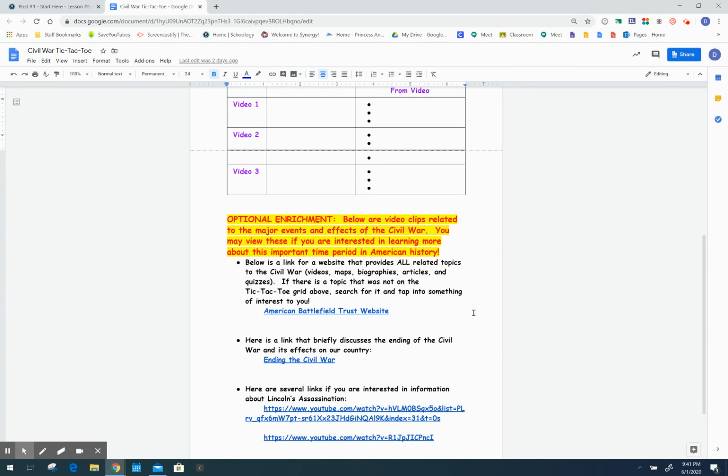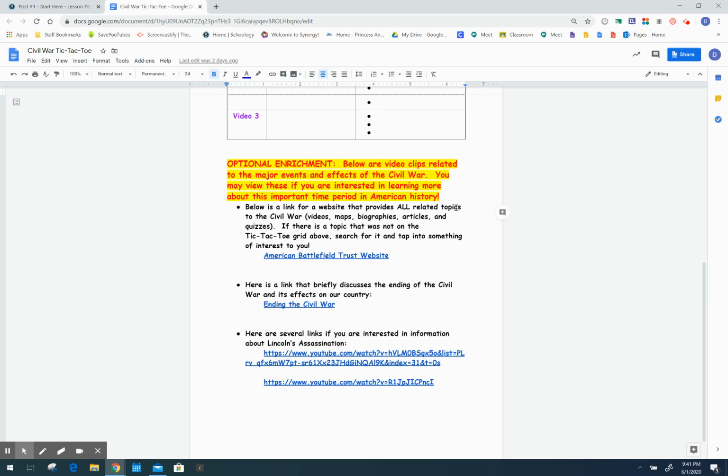Now, there's some optional enrichment below the chart that you have to fill out, and that's honestly just some additional video clips. One that talks a little bit more about the effects of the war, a few that I provided that talk about Lincoln's assassination, which sadly followed very shortly after the end of the Civil War.